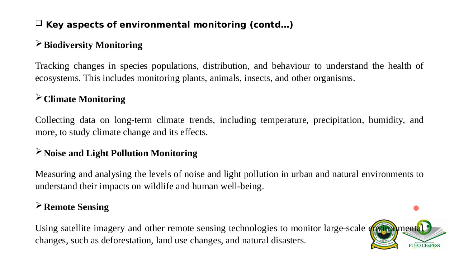Then there is this one that is called remote sensing. This involves using satellite imagery and other remote sensing technologies to monitor large-scale environmental changes, such as deforestation, land use changes, and natural disasters.